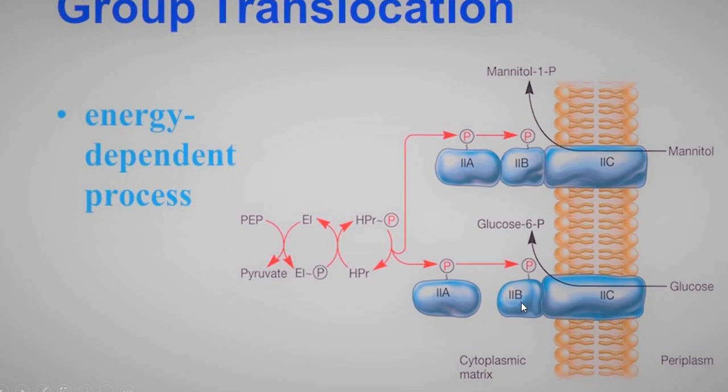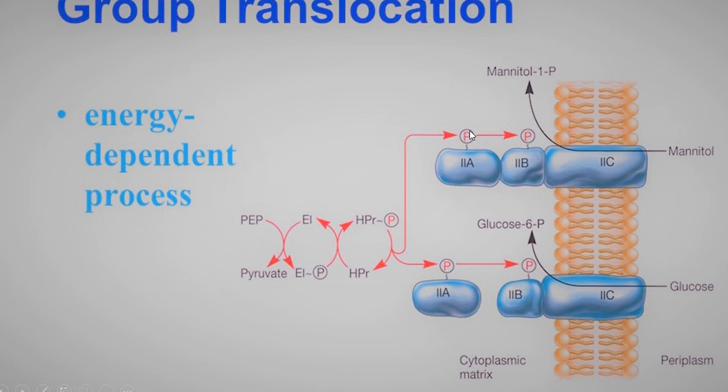So we are going to mention that enzyme 2B is frequently attached to enzyme 2C, where this enzyme 2C subunit is embedded in the plasma membrane. So that's all about the components of this PTS system, that is the phosphotransferase system.